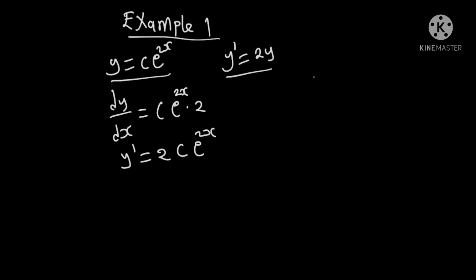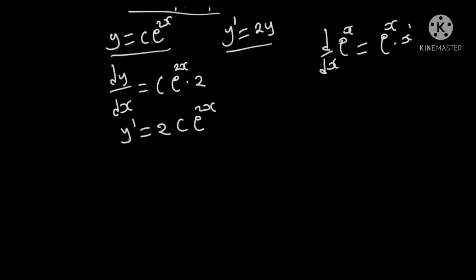Remember, from methods of differentiation, we learned that dy over dx of e^x is simply given by e^x times the derivative of x. Now, since we have y prime, we can substitute here.